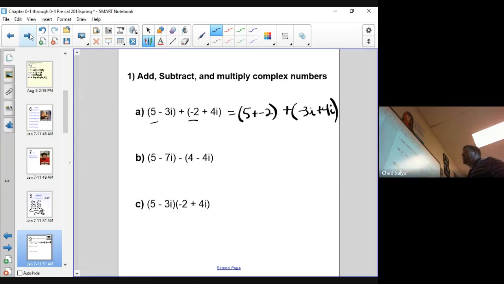And addition is both commutative and associative. In other words, I can move these around and regroup them however I like. And so I've done so here. I've moved the real terms together and the imaginary terms together. 5 plus negative 2 is 3. Negative 3 plus 4 is positive 1. And so 3 plus 1i, or 3 plus i, is the answer.